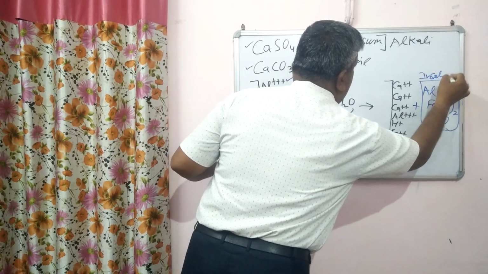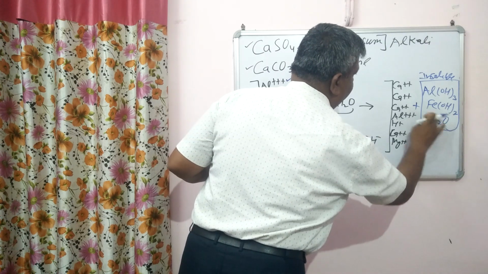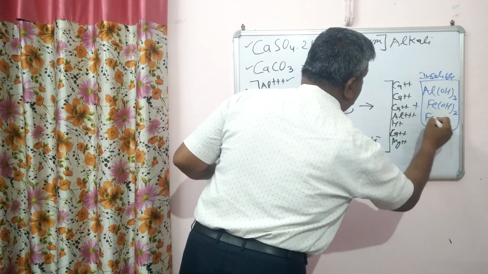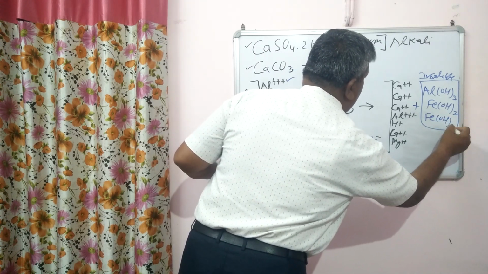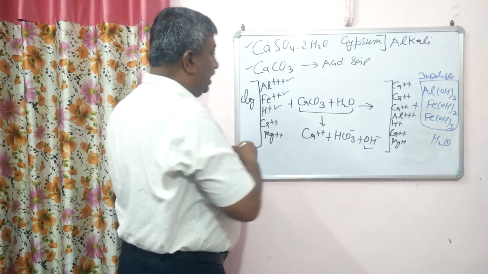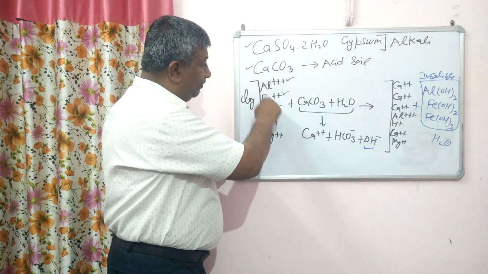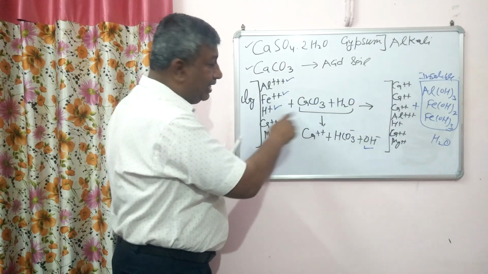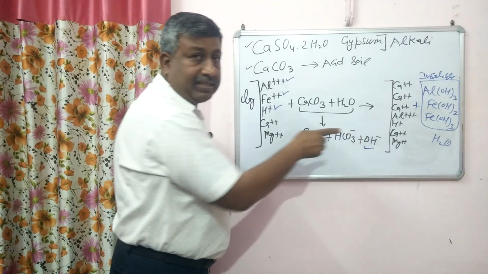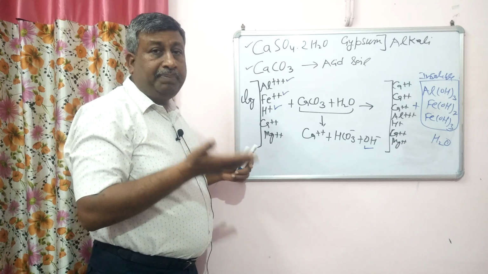And further ferric oxide and water form, and then acidity is reduced because the aluminum ion, an acidic cation, is neutralized. The ferrous or ferric is neutralized. The hydrogen ion is neutralized as water. So acidity is reduced, meaning pH is increased.